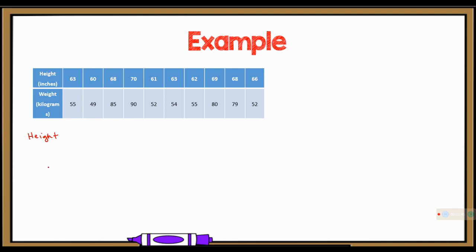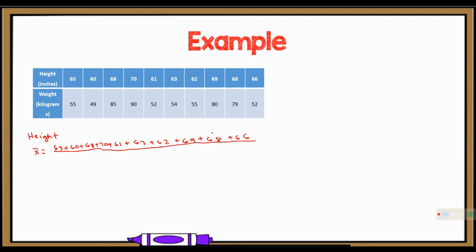Alright. So, sabi ko nga kanina, unahin natin ang mga measure of central tendency nila. Since ang kailangan natin for both the standard deviation and the coefficient of variation is the mean, so let's get the mean. So, what is the average height? We have 63 plus 60 plus 68 plus 70 plus 61 plus 63 plus 62 plus 69 plus 68 plus 66.